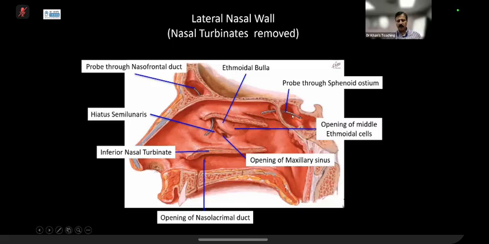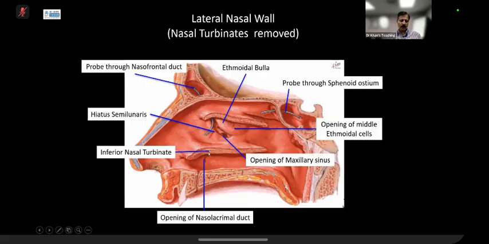On the other hand, remember that two sphenoid sinuses are sitting posteriorly. These sphenoid sinuses have an ostium where the probe is here, and they ultimately open into what we call the sphenoethmoid recess. So the superior meatus also drains into the sphenoethmoid recess. The sphenoid sinus drains into the sphenoethmoid recess, and from there into the nasopharynx.